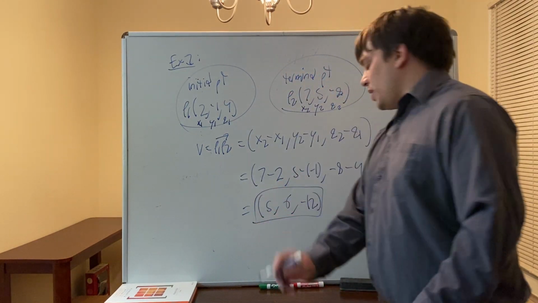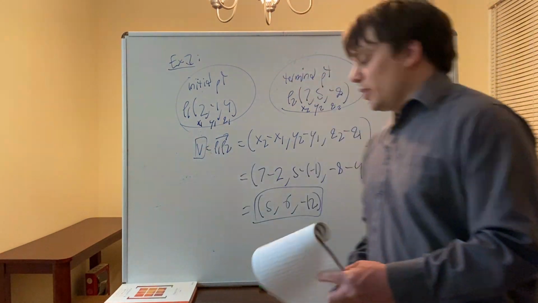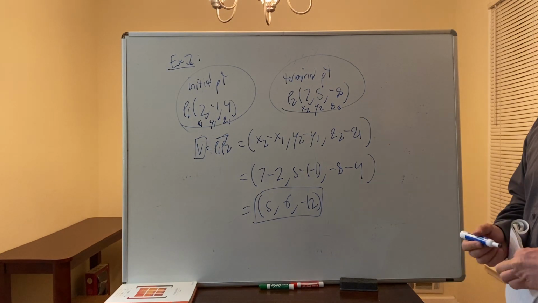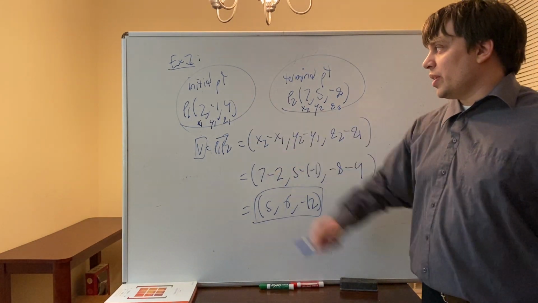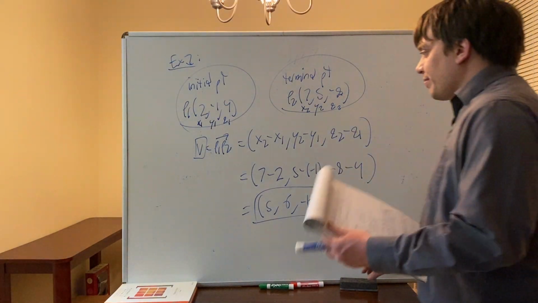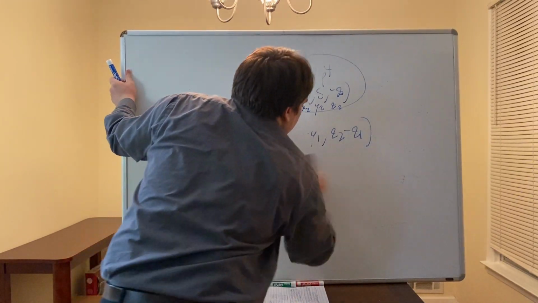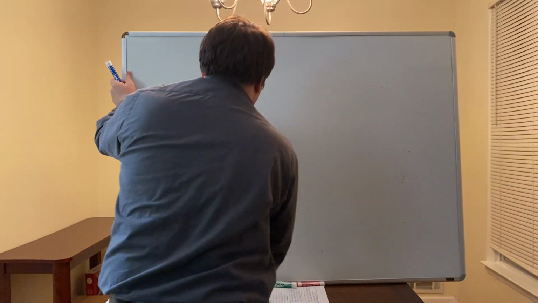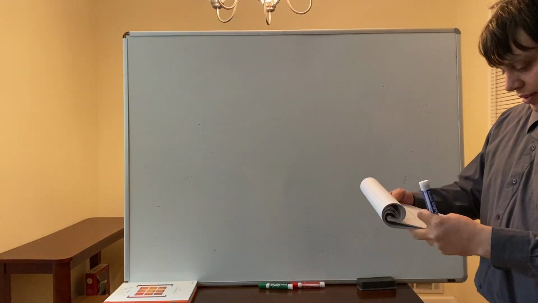So the vector 5, 6, negative 12, that's the vector V, P1, P2. So this is an example of finding P1, P2, a vector starting at a given initial point and ending at a given terminal point. Okay, so we now have our vector V there.